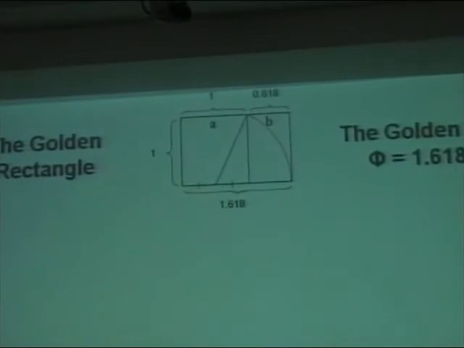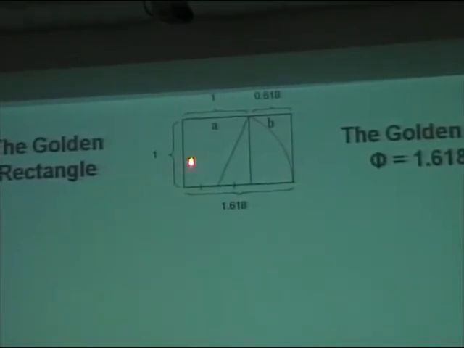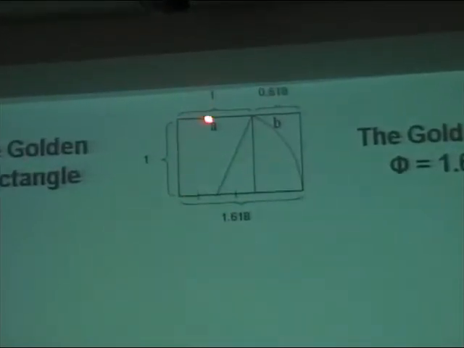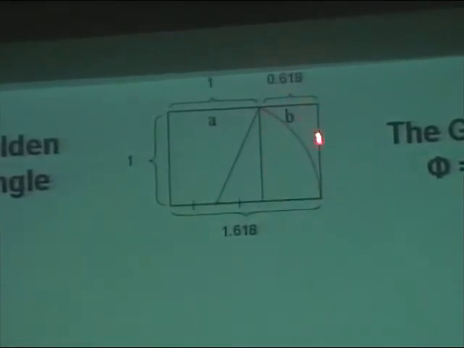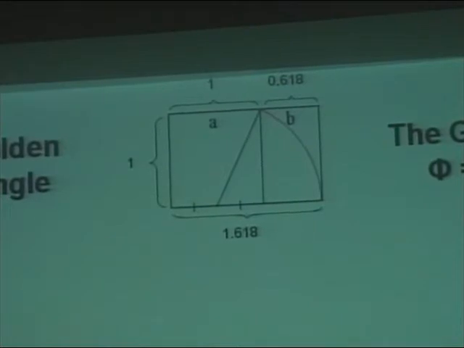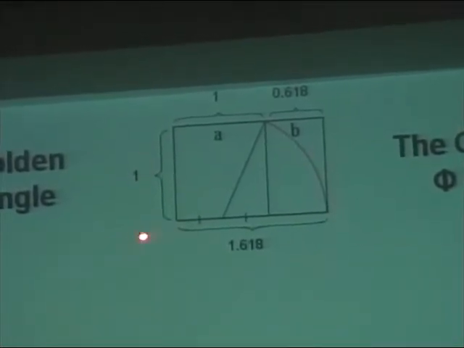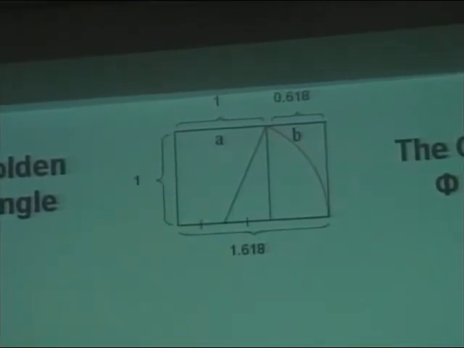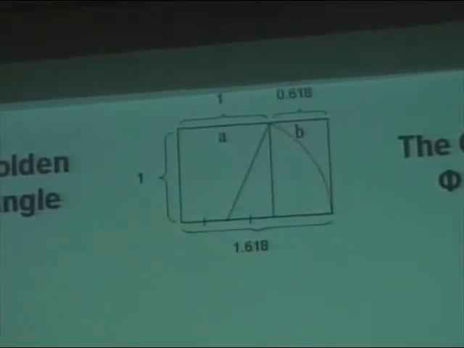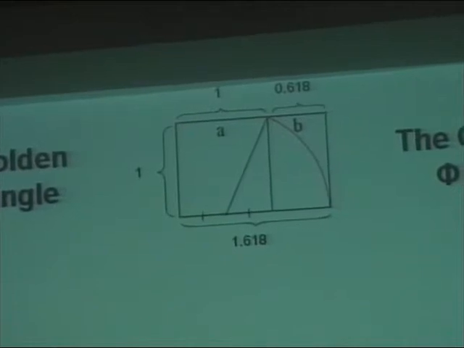Now, the golden rectangle is an extremely interesting figure because if you take off a square, what you have over here is another rectangle, and that rectangle is a golden rectangle itself. And the golden rectangle is said to be the most pleasant, pleasing shape around.